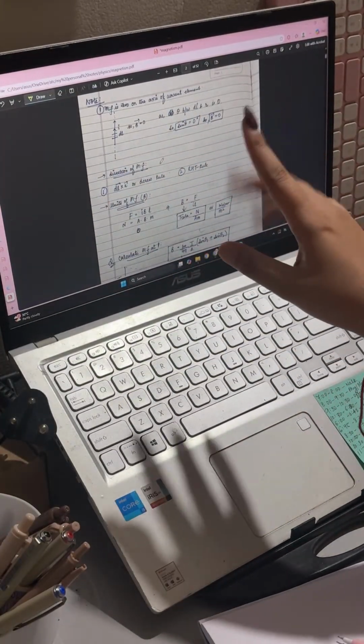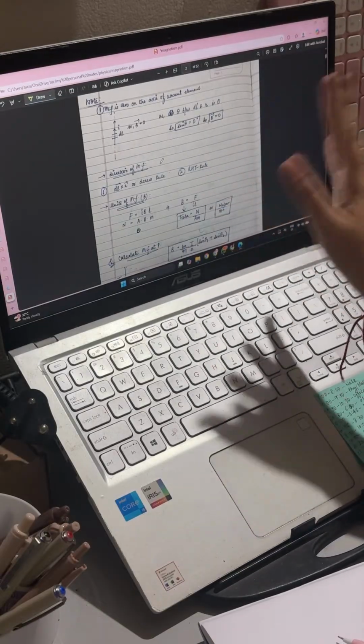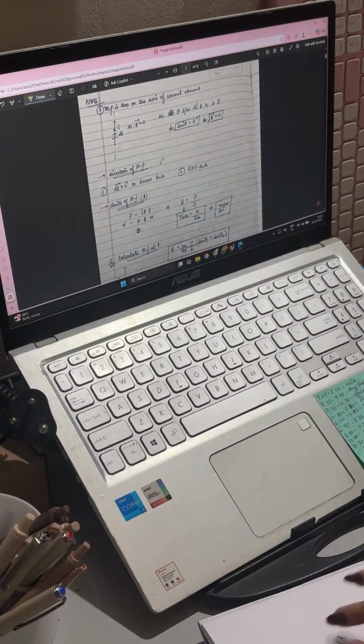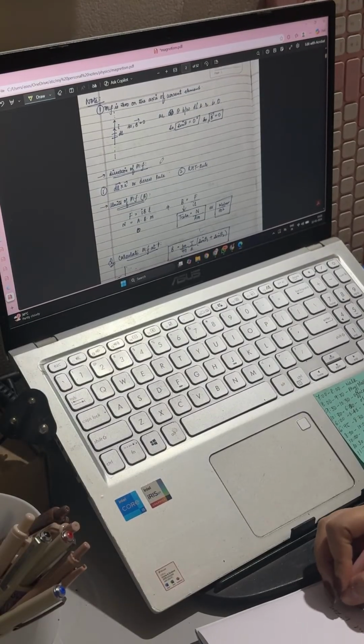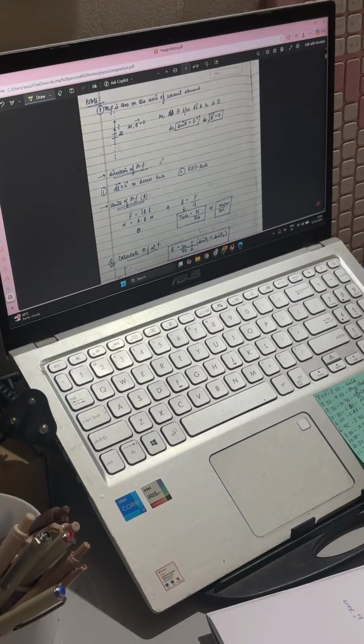So sine 0 is 0, and that's how you get magnetic field 0 at the axis of the current carrying element. Because theta becomes 0, sine theta becomes 0, so B becomes 0.